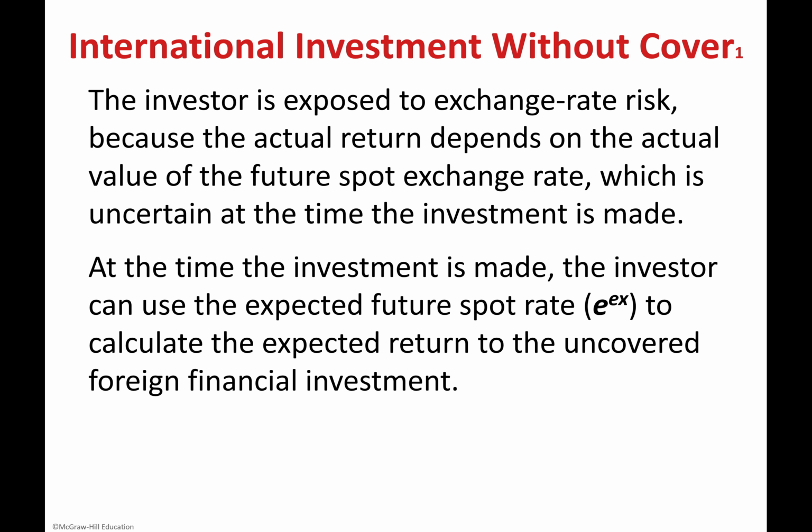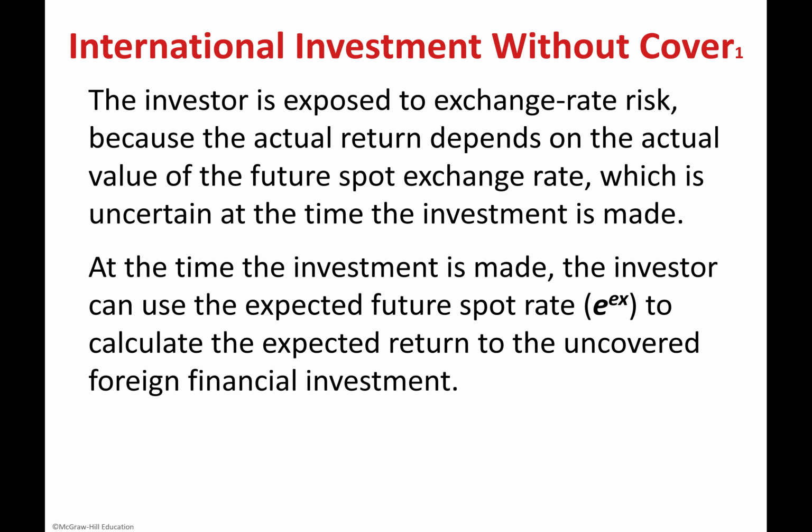So with international investment without cover, the investor is exposed to exchange rate risk because the actual return depends on the actual value of the future spot exchange rate. So here we now move into uncovered interest parity, which is uncertain at the time the investment is made.